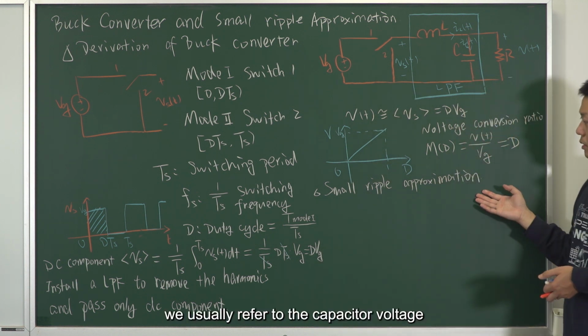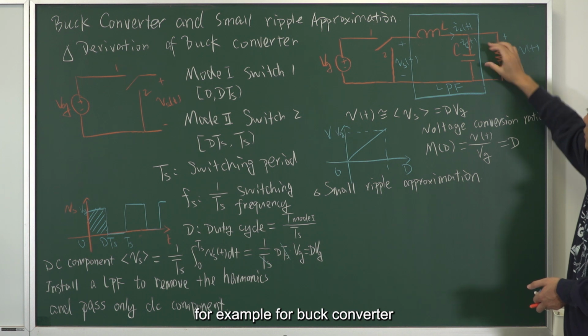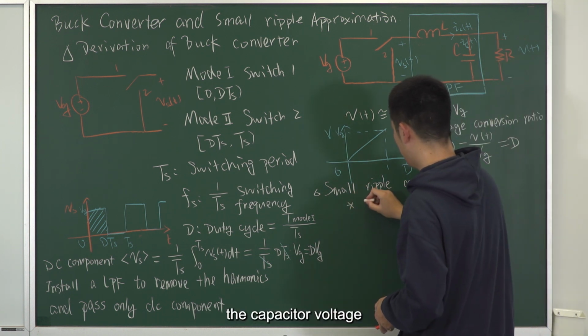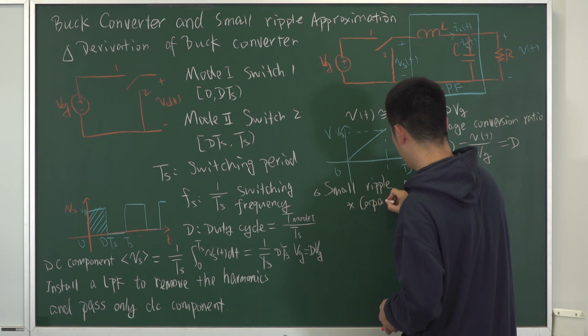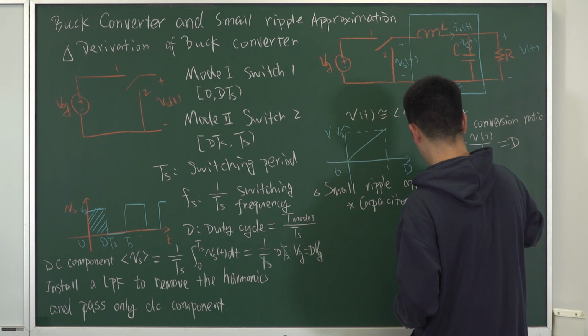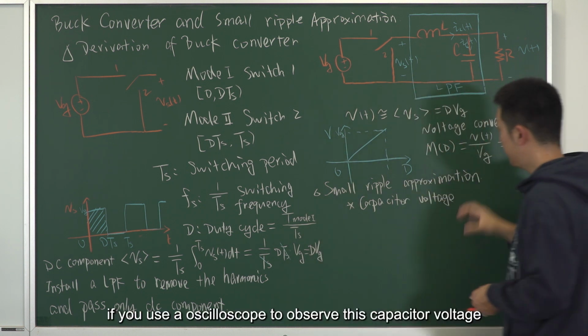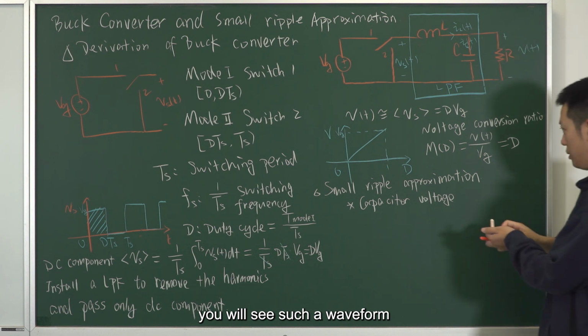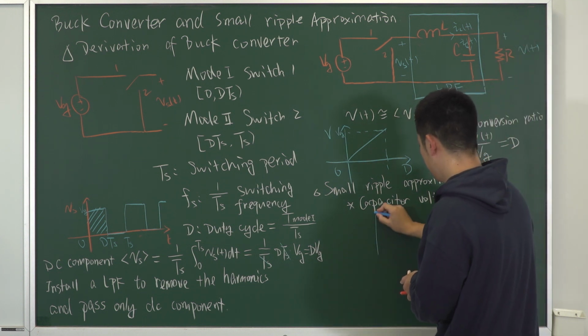We usually refer to the capacitor voltage. For example, for the buck converter, if you use an oscilloscope to observe the capacitor voltage, you will see such a waveform.